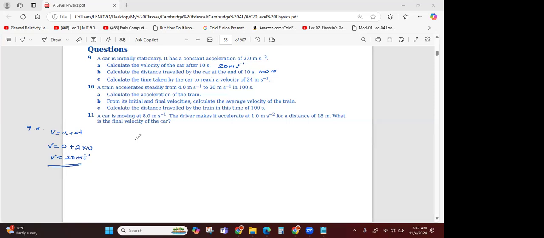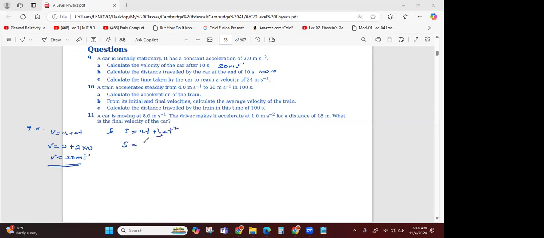That's correct. And B, alphabetic letter B. Calculate the distance traveled by the car at the end of 10 seconds. So we can now use an equation involving displacement. So I use S equals ut plus half at squared.